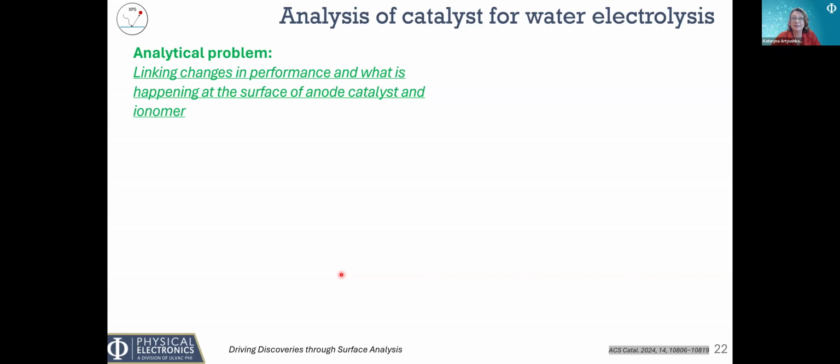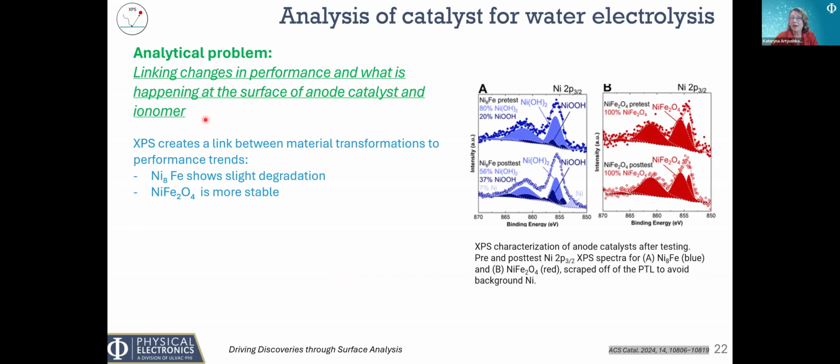So the first one is analysis of catalysts for water electrolysis. The analytical problem that scientists were trying to address here was linking the performance to what's happening during the actual test, during electrolysis, at the surface of the catalyst and ionomer. What we see here is a high-resolution nickel 2p spectrum.